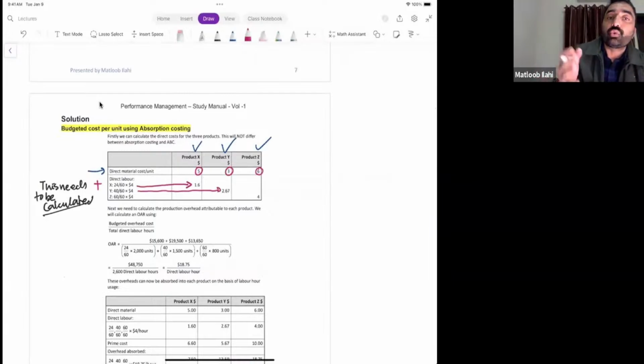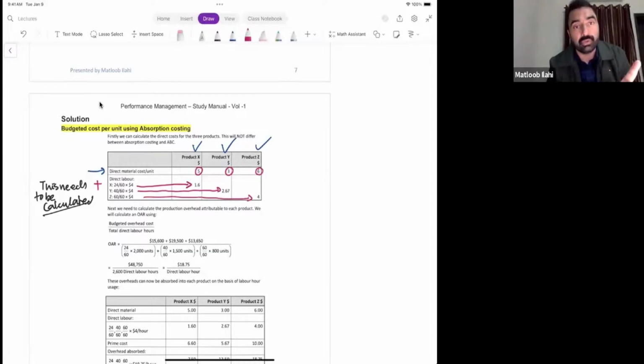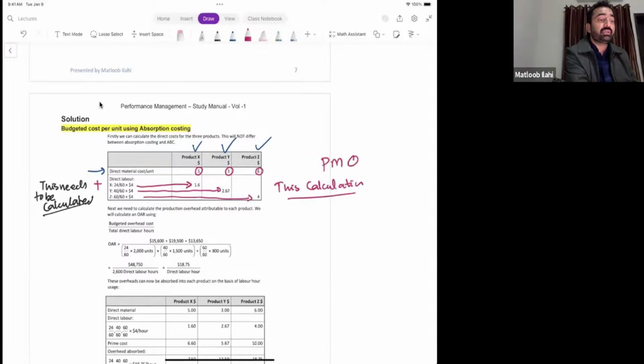And product Z, that requires 60 minutes, so 1 hour multiplied by $4. So this is 4. Got it? So in this way, we can calculate direct labor cost. Direct material cost is already given. Now we can calculate direct labor cost. I hope you have understood this calculation. And by the way, performance management questions often test this calculation of labor cost.